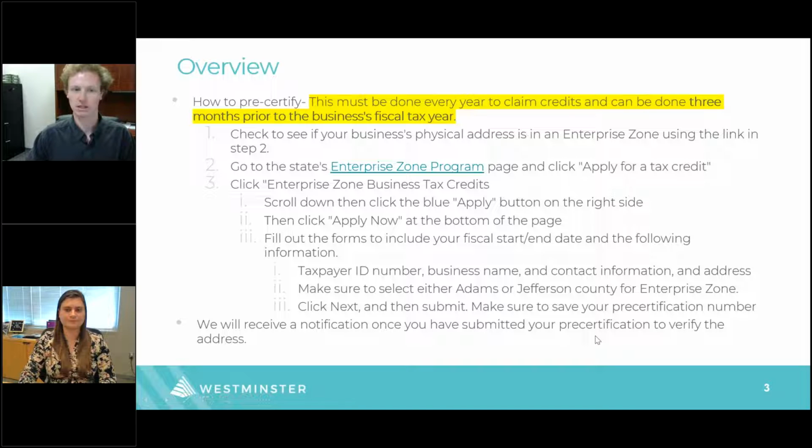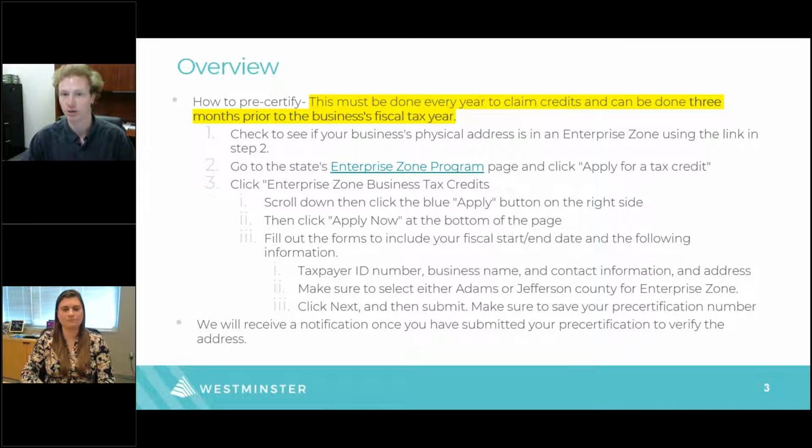So this slide is about the steps to pre-certify. While this looks like a lot of steps, it really only takes about 5 to 10 minutes to pre-certify. What you basically need to do is go to the state's enterprise zone program page, which is linked in step 2.